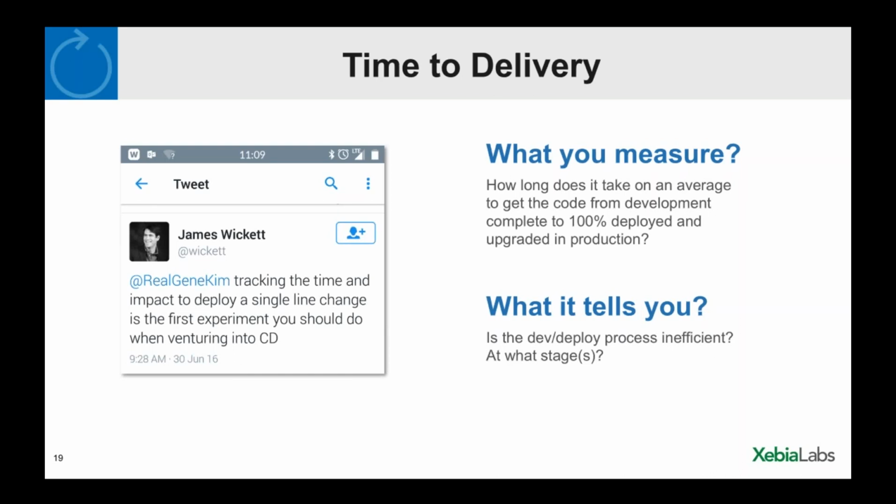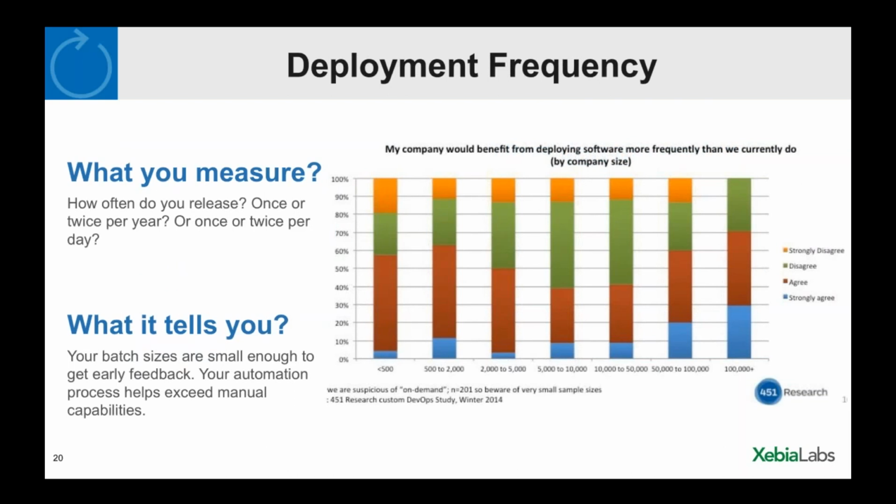Okay. Now, in addition to the time that elapses as you go through, you have to think about how frequently you are deploying, right? 451 Research did a study a couple of years back, just asking companies, would you benefit from deploying more frequently than you do today?